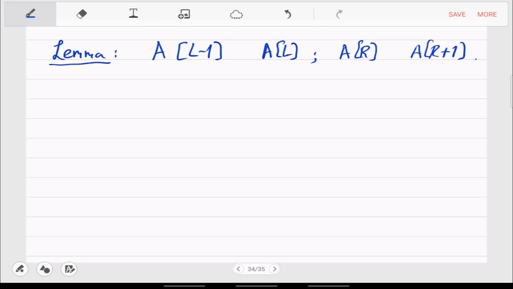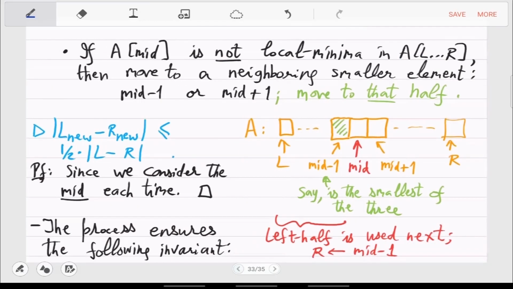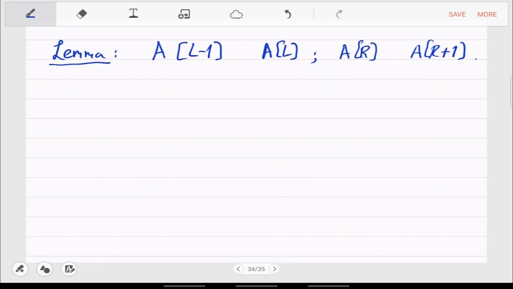So there is a relationship in these two pairs. As we have seen in the previous dry run of the pseudocode, when R is updated, the R new value is smaller than the R old value. So we can write that confidently here, and the same thing here. Okay, these are the two inequalities which will always be preserved. That the L and R endpoints, their values are smaller than their respective outer elements.